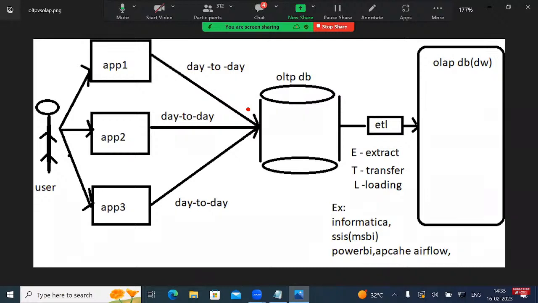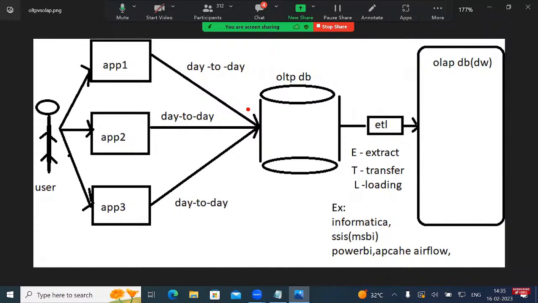For example, I have a business. Approximately per day, how much data will be generated? That means how many transactions can users perform in my business per day. So they take an average, and based on that average they decide when to transfer data from TP to AP.